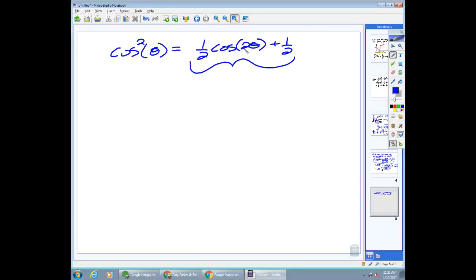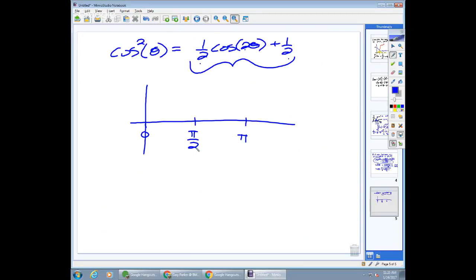Does anybody know the amplitude of this by looking at it? The amplitude is 1/2. Yeah, that's the multiple out front. And then this 1/2 just lifts the whole thing up. So based on looking at it there, I can do a rough sketch of it without using my calculator. So I believe graphing this thing, it's going to go from 0 to pi for a single period. Pi over 2 will be in the middle.